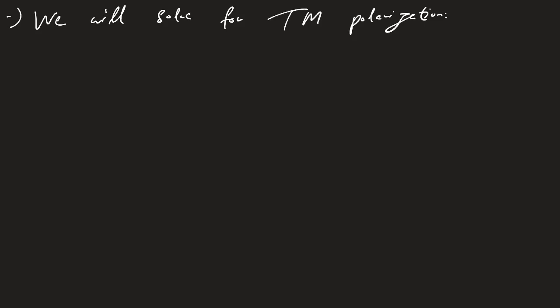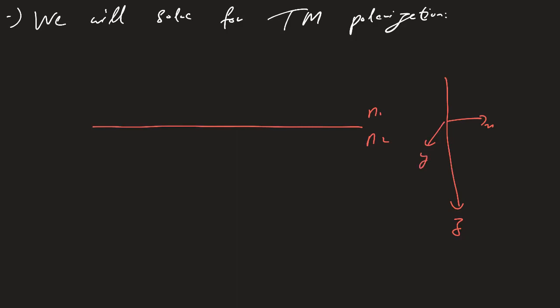So when I say that we will solve for TM polarization, what I basically mean is that this is your interface, these are your axes, y is pointing outside the plane of the page, this is your surface normal, and this is your incoming k vector, this is your refracted k vector, and this is your reflected k vector.